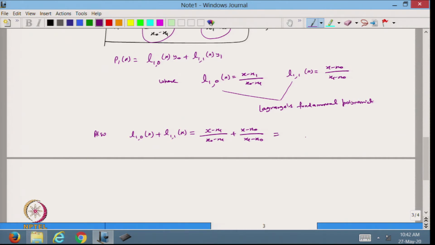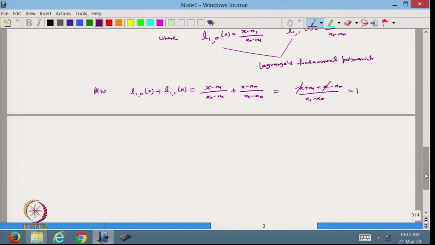So, x1 minus x0 I can take common. So, this will be minus x plus x1 plus x minus x0. So, this x will cancel out, and x1 minus x0 will also cancel out. So, its value will be 1. So, the sum of these Lagrangian polynomials is equal to 1. So, this is the first property.